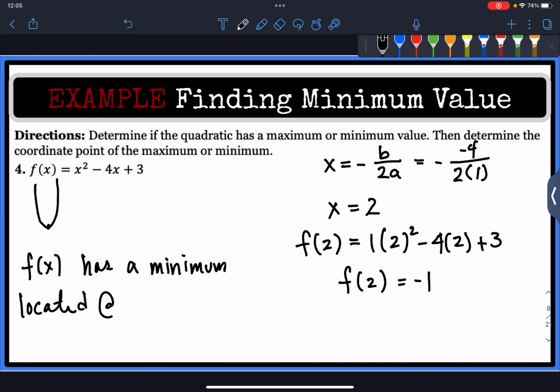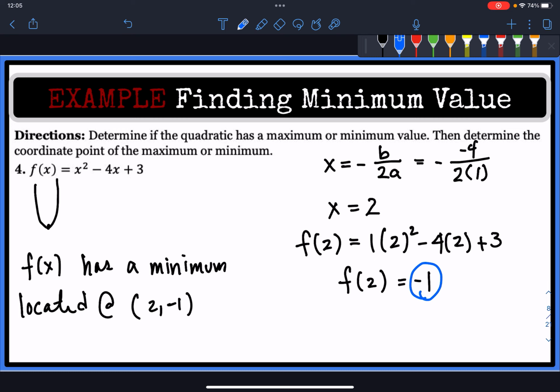And that is the location of our minimum value. Awesome. Now, one of the applications of this is in real world situations. While this is the coordinate of the vertex, the actual minimum value is always the y coordinate.